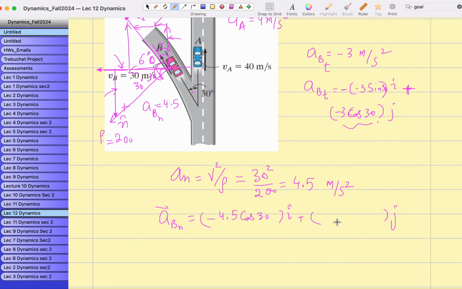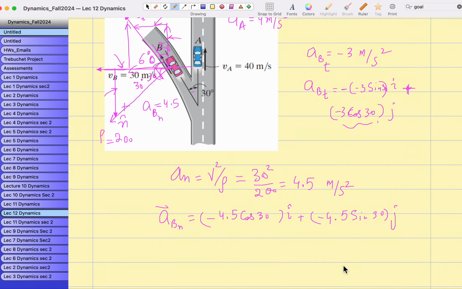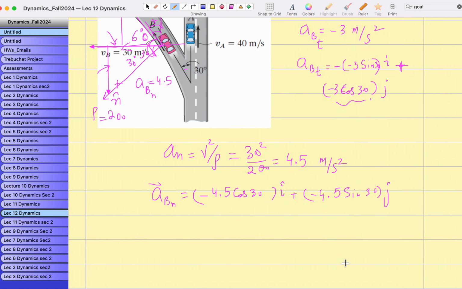This is the i unit vector, and over here is negative 4.5 sine 30. Agreed? Because it is going downward. Y-axis in the downward is negative. So if you solve for this, you should get negative 2.4 i unit vector, negative 4.85 j unit vector.